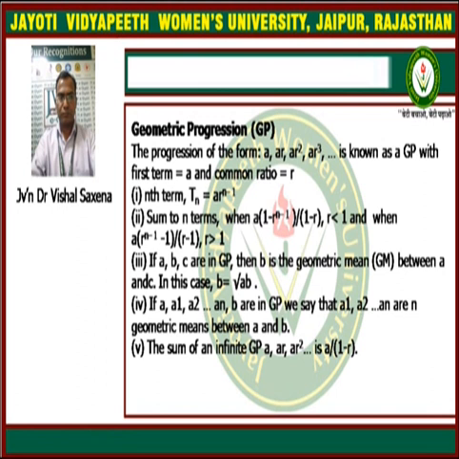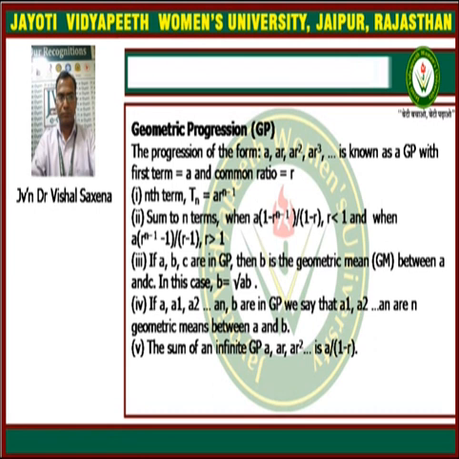In this series the nth term is given by Tn equal to a r to the power n minus 1. The sum to n terms is given by a into 1 minus r to the power n upon 1 minus r. This is the formula for the sum of n terms where r is less than 1, and if r is greater than 1, then the formula for the sum is given by a multiplied by r to the power n minus 1 upon r minus 1.